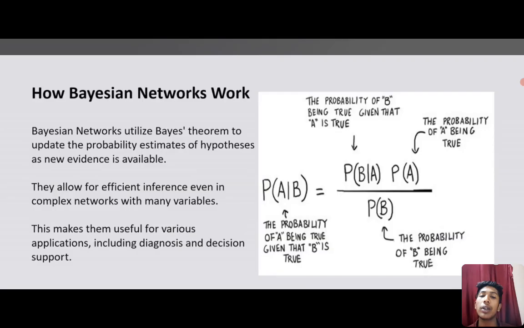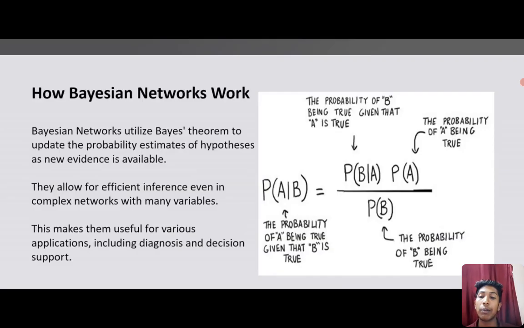How do Bayesian networks work? Bayesian networks utilize Bayes' theorem to update the probability estimates of hypotheses as new evidence is available. They allow for efficient inference even in complex networks with many variables.